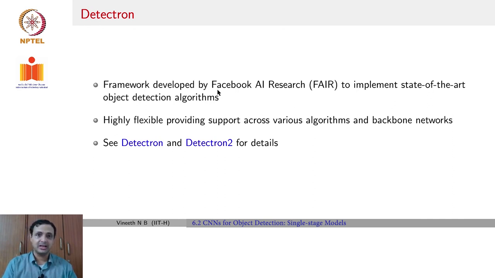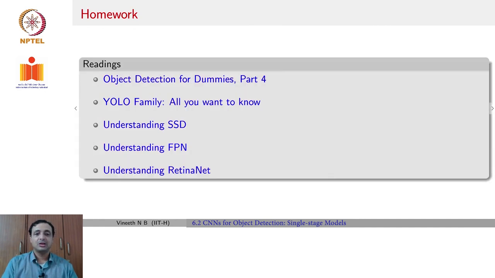So if you're interested in implementing any of these object detection algorithms for any of your projects, you can look at Detectron or Detectron2 for further details. So your readings are a continuation of Object Detection for Dummies, this time part 4 for the dense sampling methods. Here is a tutorial of the entire YOLO family of methods and tutorials on understanding SSD, FPN and RetinaNet.